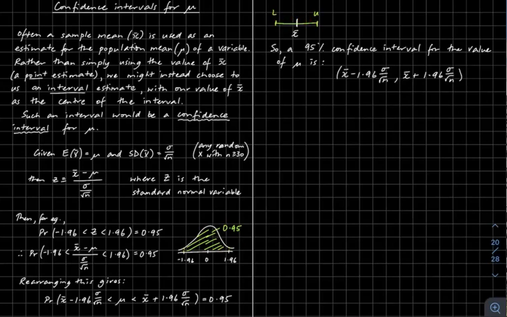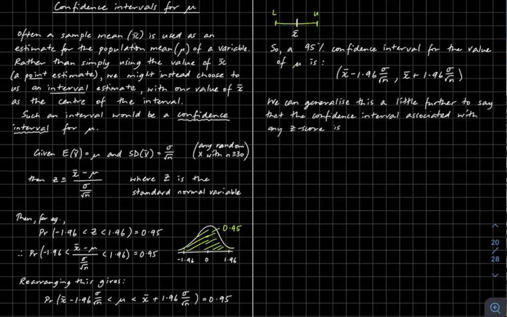And what we're saying is that if we did this 100 times, so we calculated the sample mean 100 times and did a confidence interval for all of those 100 values of x bar, then 95% of the time we'd expect that the real population mean lies in that interval that we've generated.